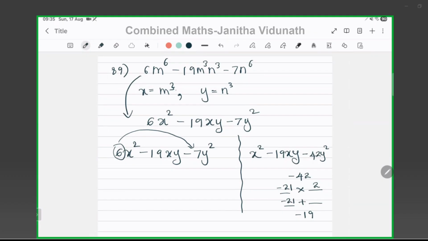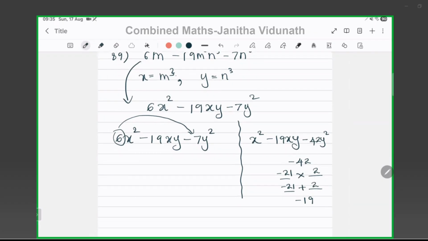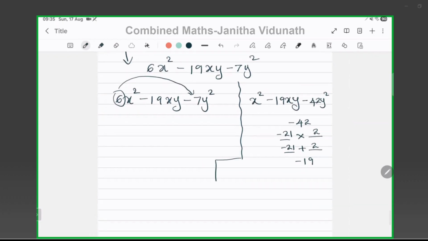Then we got minus 42 by multiplication of those two numbers, and minus 19 from the summation of those two numbers. Then we can write this as x minus 21y times x plus 2y.